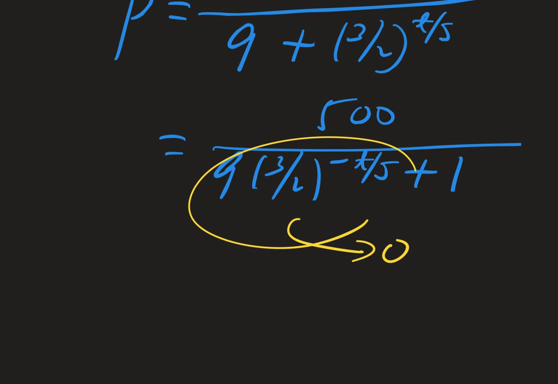Anything minus becomes 0 because 3 over 2 is bigger than 1, correct? So you have this 1 minus t over 5, and this will be very, very big. So this is 0, so it becomes 0. Then the population is 500. This is 2 marks only.